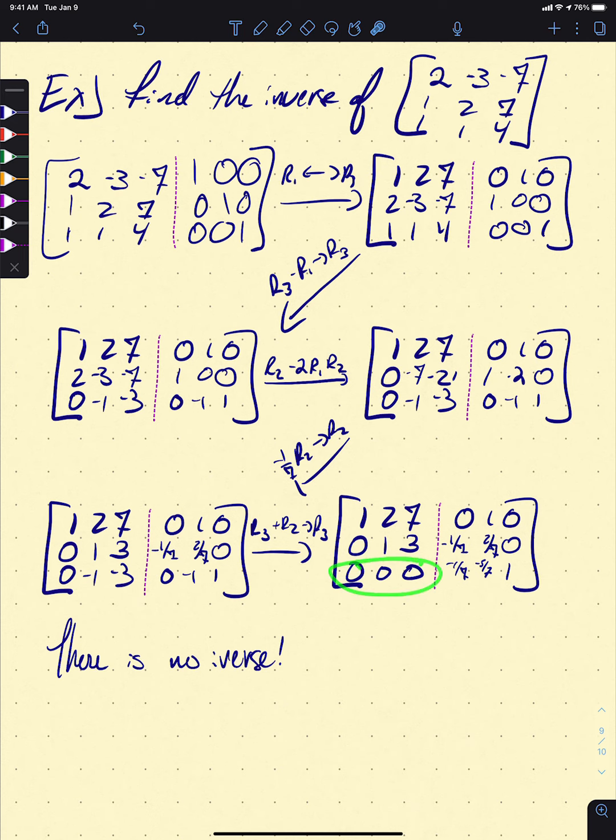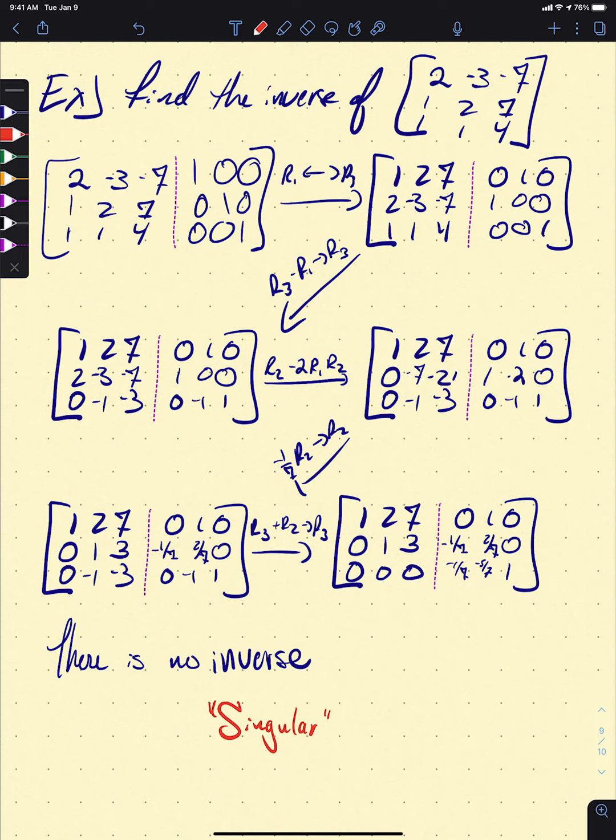Whenever you get a row of zeros when you're going through the process of finding an inverse like this, that automatically tells you that we don't have an inverse, okay? It's not very good spelling, so I'll write that again. And a matrix that does not have an inverse is called singular.